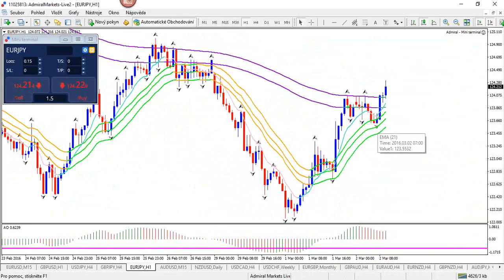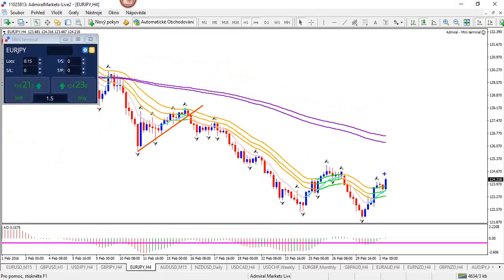Now, as you can see here, tunnel acting as resistance, 21 EMA acting as support. There could have been maybe a pound yen-like setup here, but I like this pound yen a bit more personally. However, if price manages to get a couple of 4-hour candles above here and then retrace back to the 21 EMA, that could be a good setup.